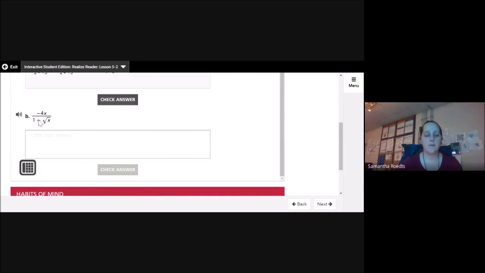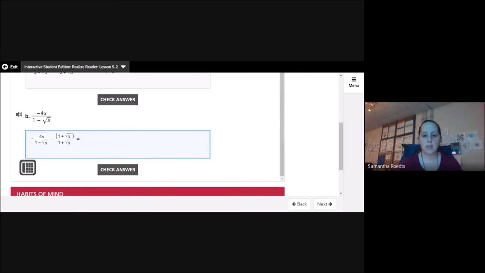For b, I have negative 4x over 1 minus the square root of x. So I need to multiply by 1 plus the square root of x over 1 plus the square root of x.